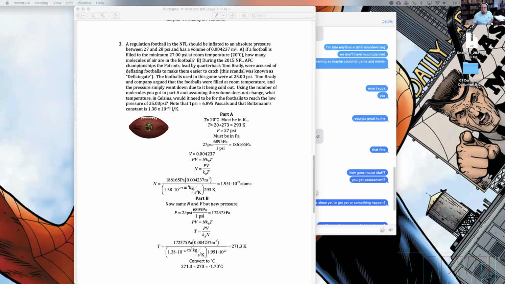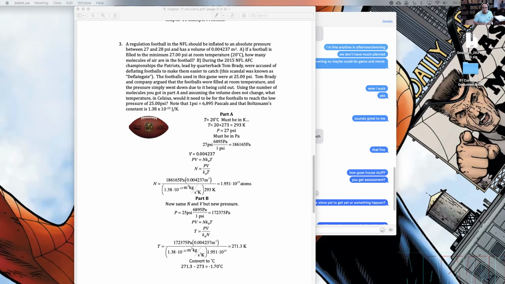If it's filled to 27 psi, now psi is not SI units. I need to convert that, which I started converting and didn't finish. 186,165. Sorry, I kind of didn't give myself space. I wasn't thinking.